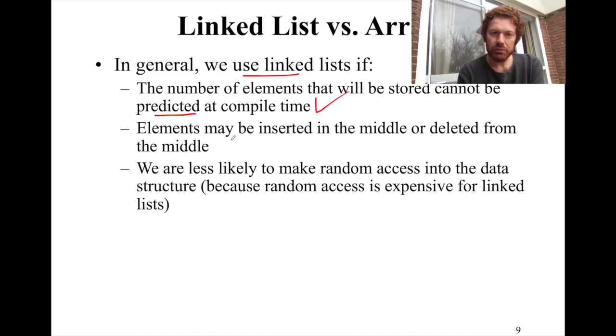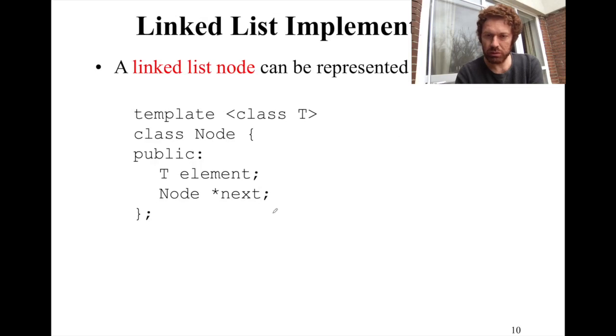The other thing, if you are inserting into the middle, not exactly the middle, but you get my point, not to the beginning, to anywhere else, or deleting from anywhere else, then an array is not so good. But a linked list is very good. And also, if you are less likely to do random accesses, then you will not get hurt by that problem of a linked list. So a linked list is still a good option.